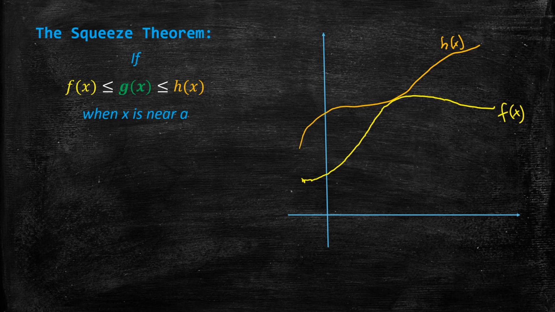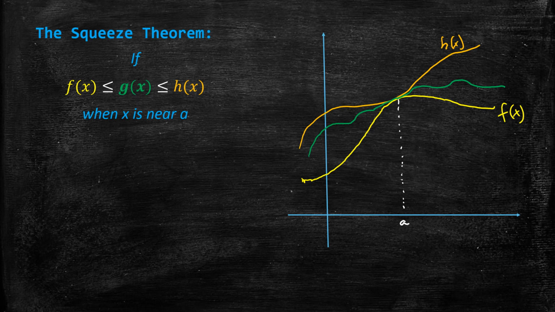And here we have g. g has to stay between the two functions, at least near a, and the only way it can stay between the two functions is if it gets pinched or squeezed at a particular value of x.